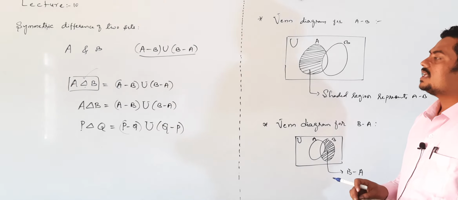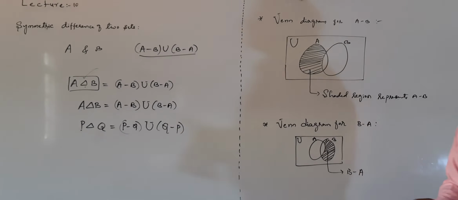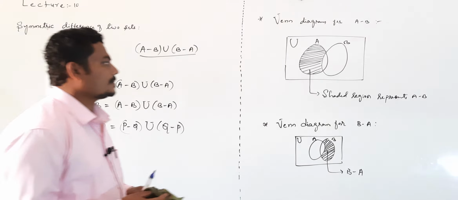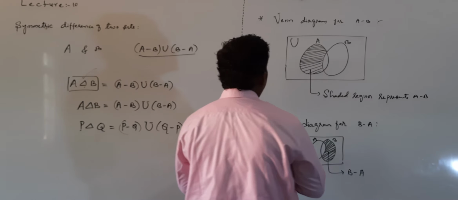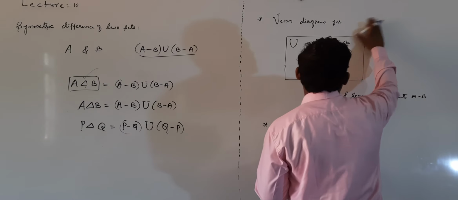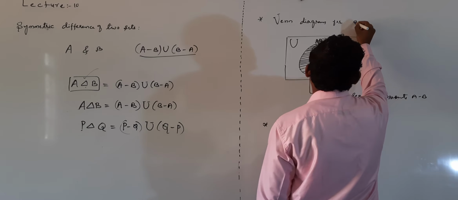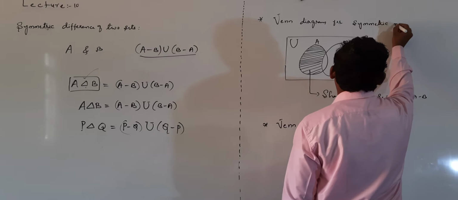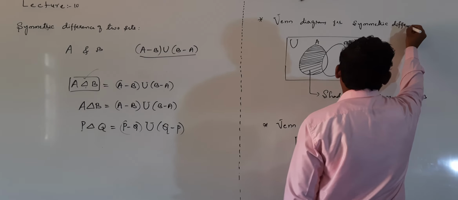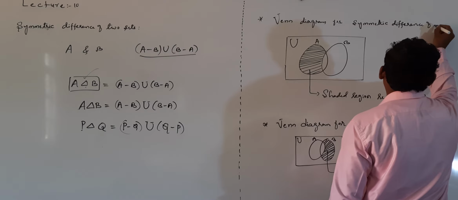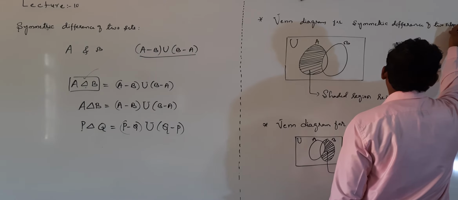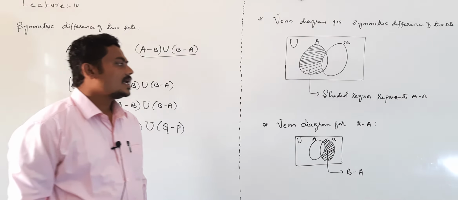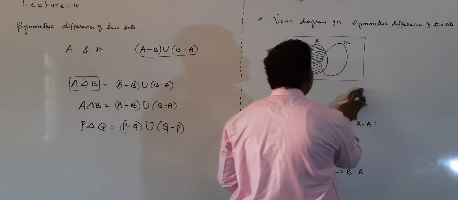Now, Venn diagram for symmetric difference of two sets. What is symmetric difference?